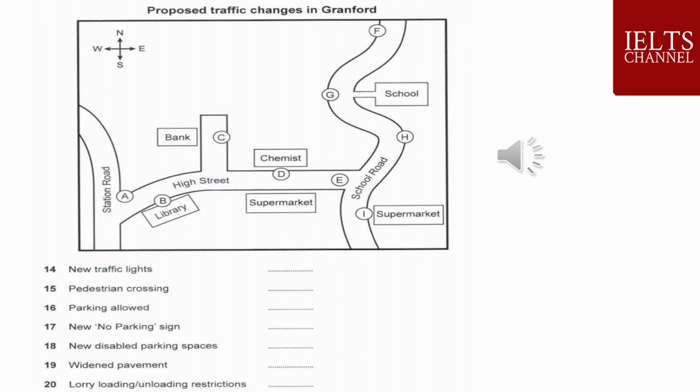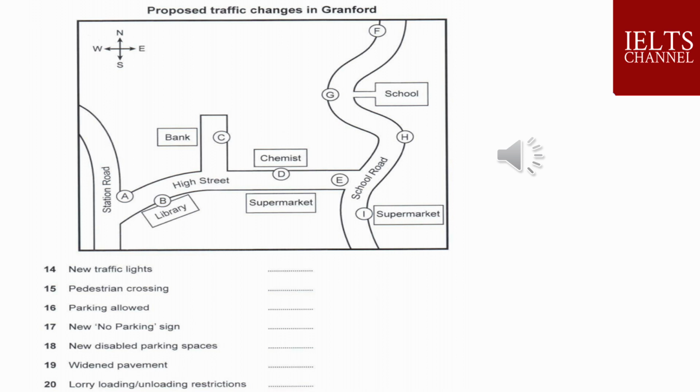Now listen and answer questions 14 to 20. OK, so this slide shows a map of the central area of Granford with the High Street in the middle and School Road on the right. Now, we already have a set of traffic lights in the High Street at the junction with Station Road, but we're planning to have another set at the other end at the School Road junction to regulate the flow of traffic along the High Street.